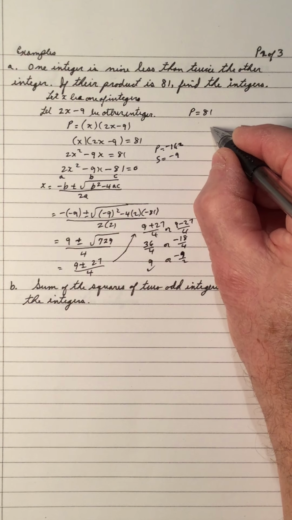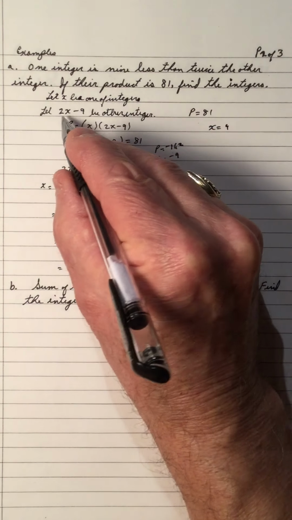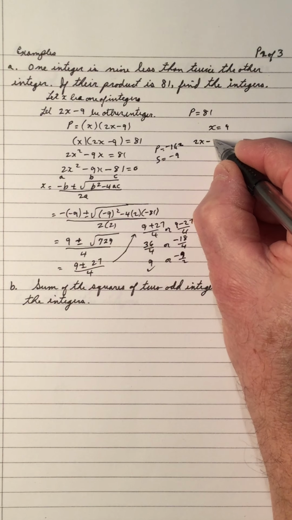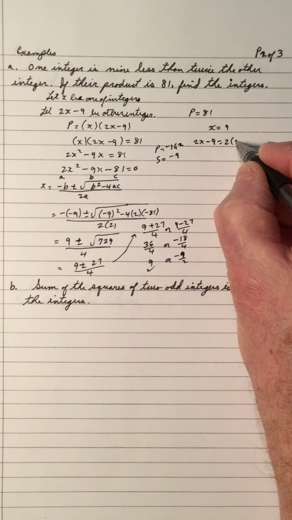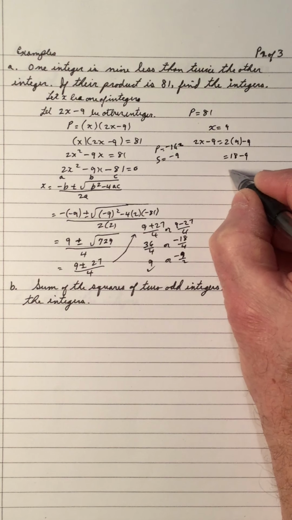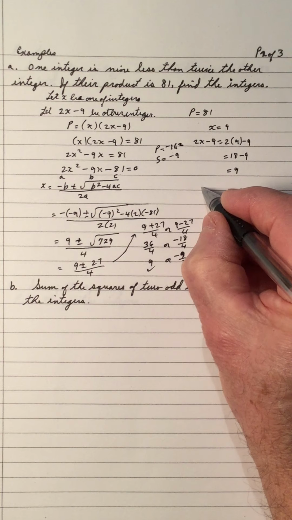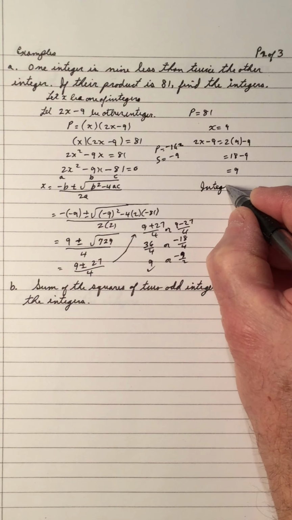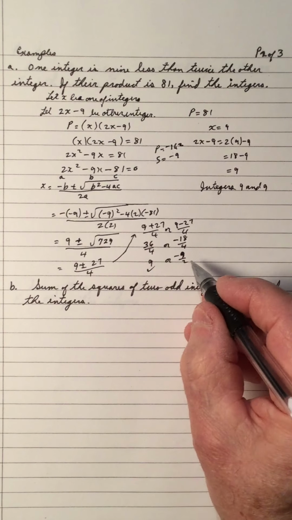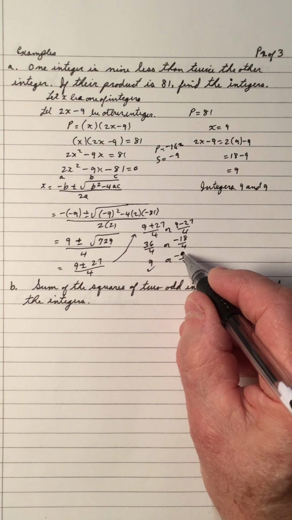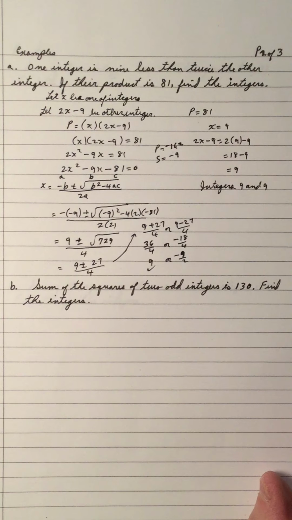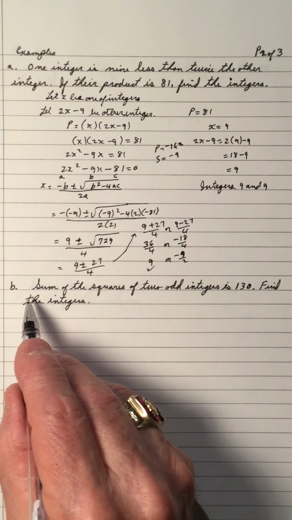So if x is 9, then the other number is 2x minus 9, which is 2 times 9 minus 9, which is 18 minus 9, which is 9. So the integers that satisfy this problem are 9 and 9. Again, we can't use negative 9 over 2 because it's not an integer. Okay, let's try another one.